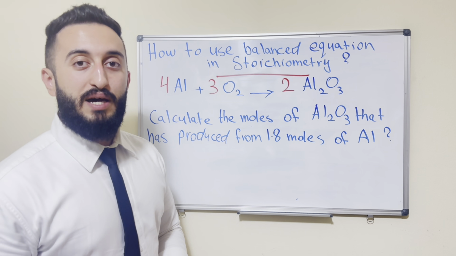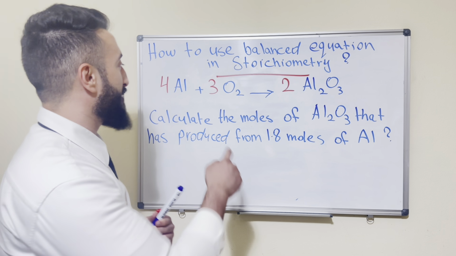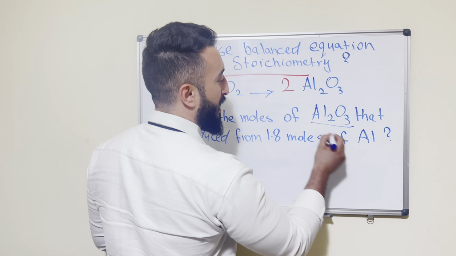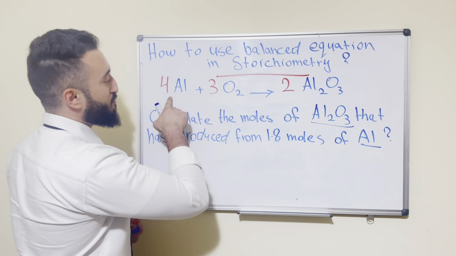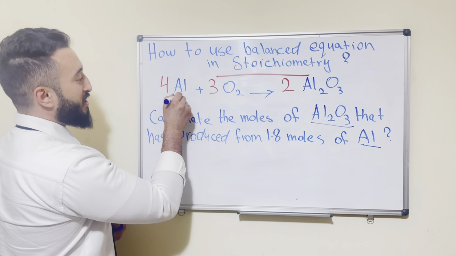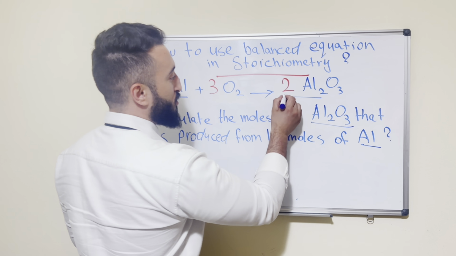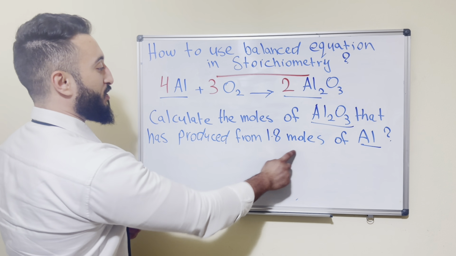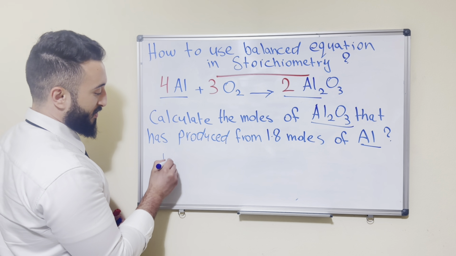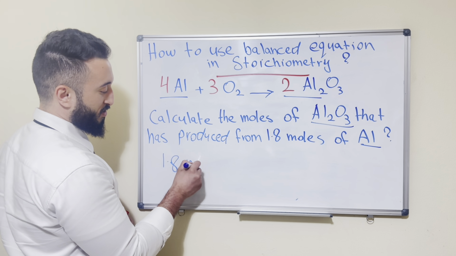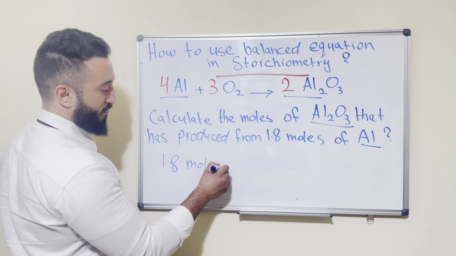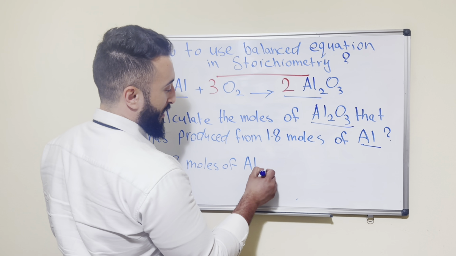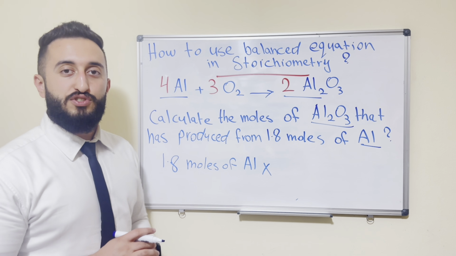So let's do the moles relationship first from the balanced equation. We are talking about aluminum oxide and aluminum. So let's point out the moles here. We have 4 and we have 2. So let's write the given number, which is 1.8 moles of aluminum, and let's multiply it by the moles fraction.